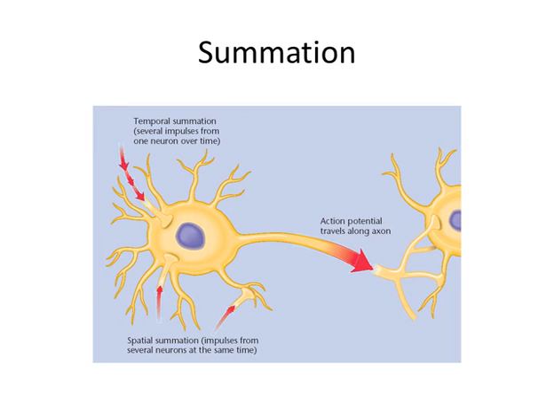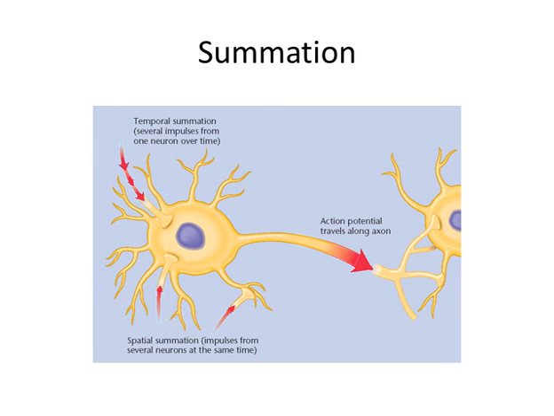Let me just change figures to show you what happens in terms of summation. Now, there are two kinds of summation, what we call temporal summation and spatial summation. Temporal summation occurs when the postsynaptic membrane receives several impulses from one presynaptic neuron over a period of time, hence temporal, as in time.